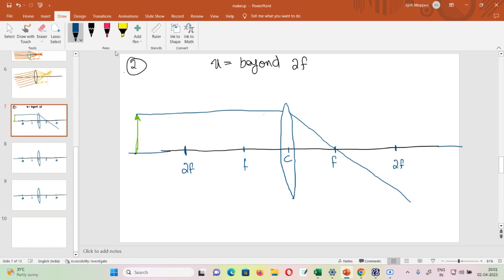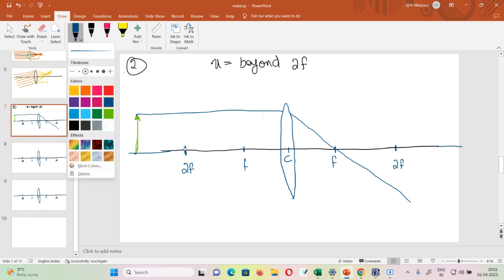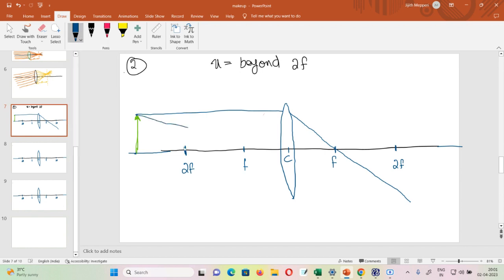Another ray will pass through the optic center. What will the ray which passes through the optic center do? It will pass undeviated. So you can trace the ray such that it passes through the optic center.